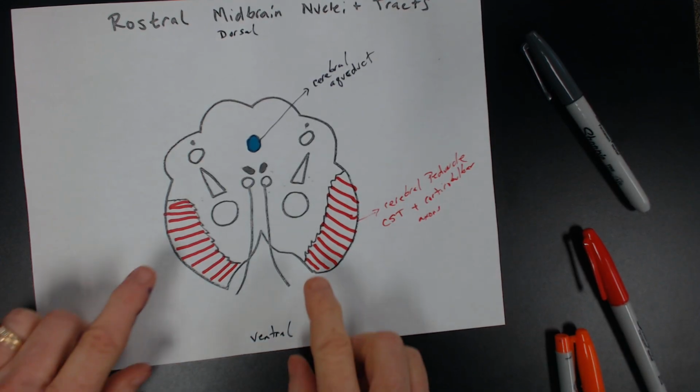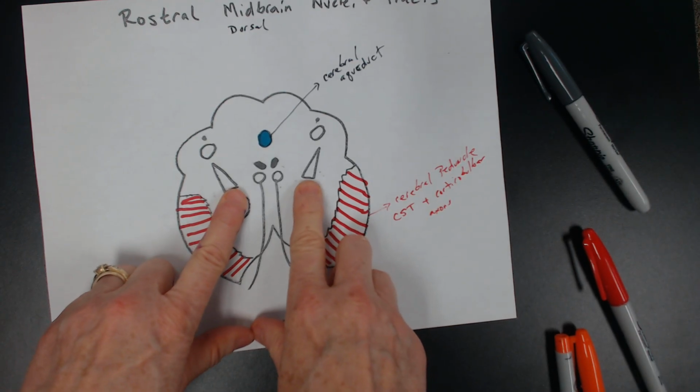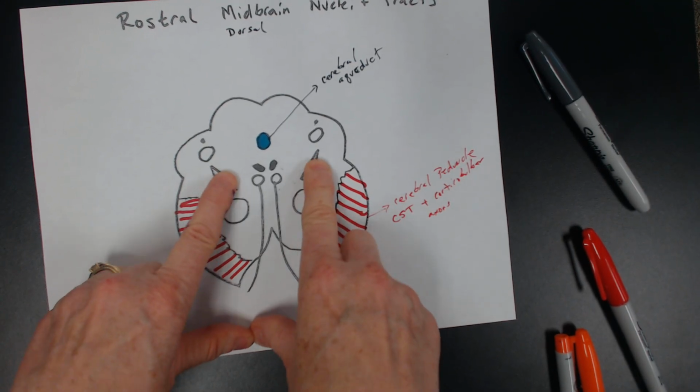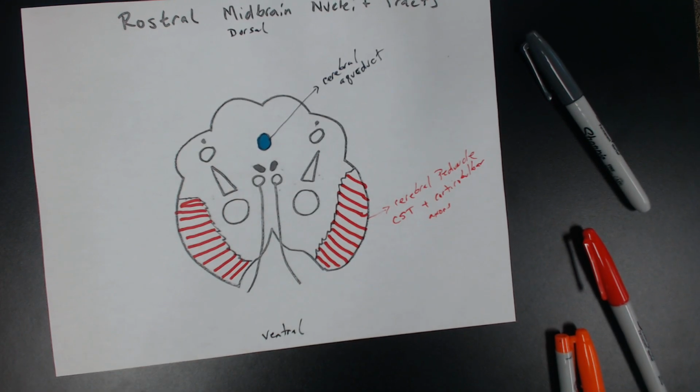We have this guy here. He's still medial. He's an elongated shape. And that's your medial lemniscus.